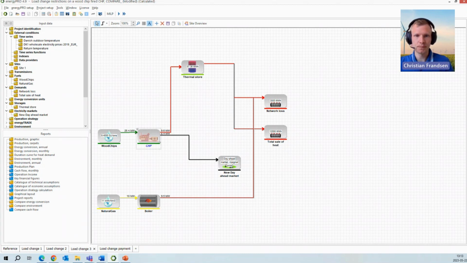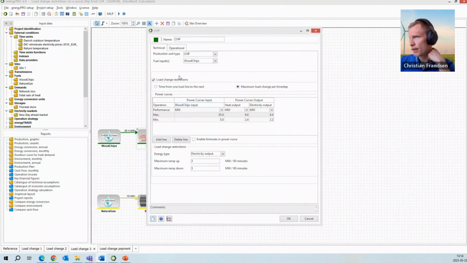In this one, we can see that I have now toggled on this load change restriction in the technical tab, which when I do that, I get 2 options here, either this one, which is highlighted now, maximum load change per time step, or the other one, time from one load line to the next. And I'll explain both of them. But first, this one, maximum load change per time step.